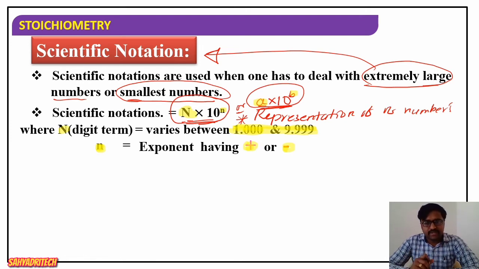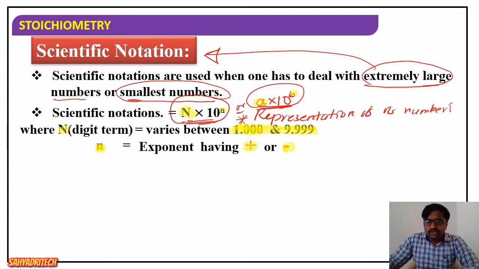And what is capital N here? It is a digit term and its value varies between 1.000 to 9.999. The small n is the exponent, and there is no condition for the small n. We have to specify here that the exponent may be positive or it may be negative.